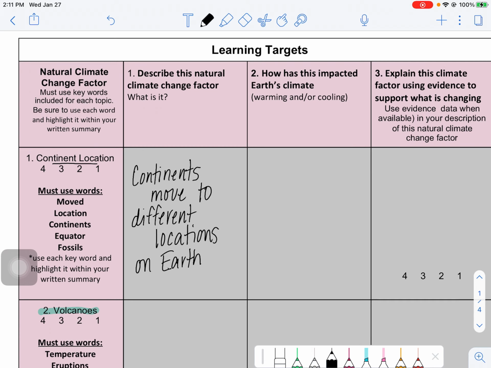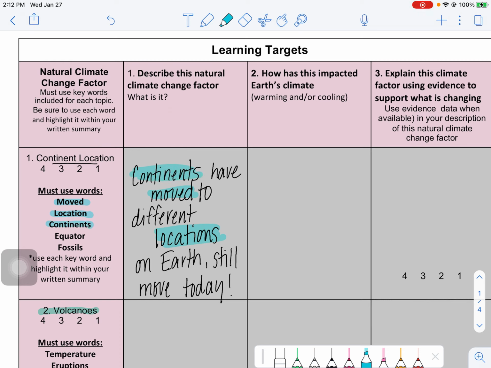Maybe that's what we should say. Continents have moved to different locations on Earth, and they still move today. So we used move and locations. Cool. Oh, and continents. Okay.